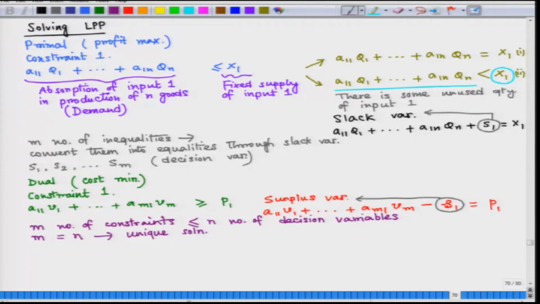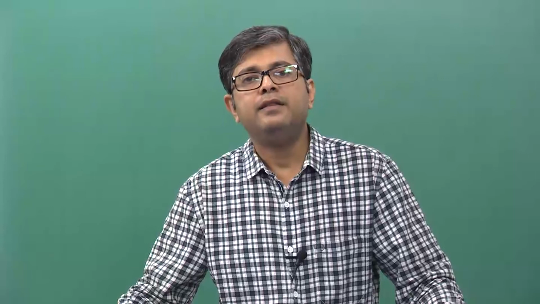But now we are going to discuss what if m is less than n, right. Okay. So, to see how in this case where n is greater than m, to solve the linear programming problem, we are going to now introduce two more new concepts which are known as basic solution and basic feasible solution.